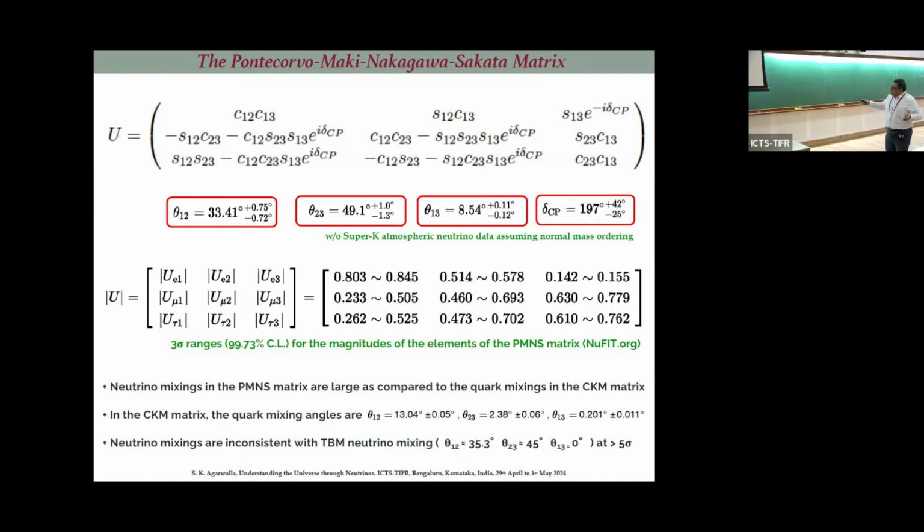And I told you these are the elements that govern the oscillation, right? Now, this is U mu 3. That means this component tells you how much nu mu component you have in the nu 3 mass eigenstate. And this U tau 3 tells you how much nu tau component you have in the nu 3 mass eigenstate.